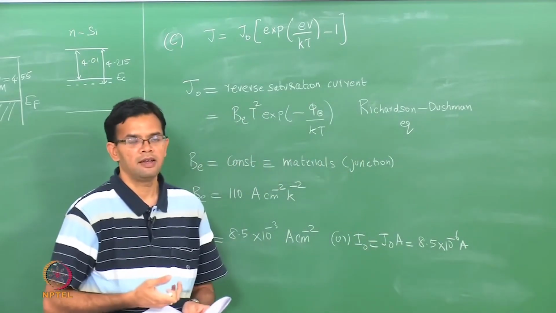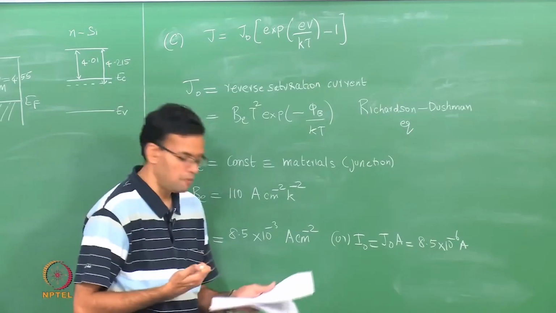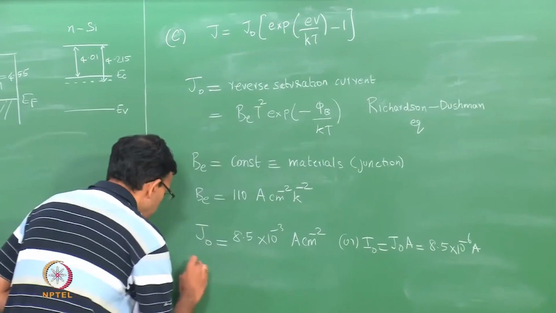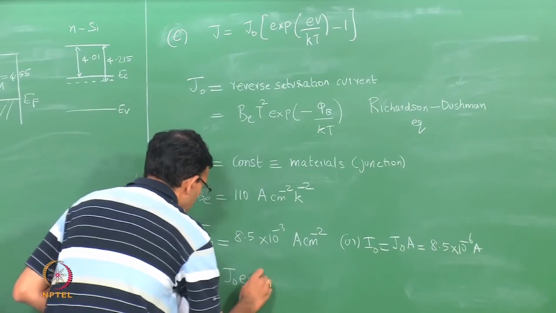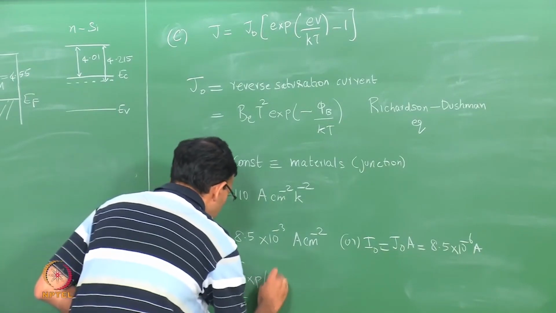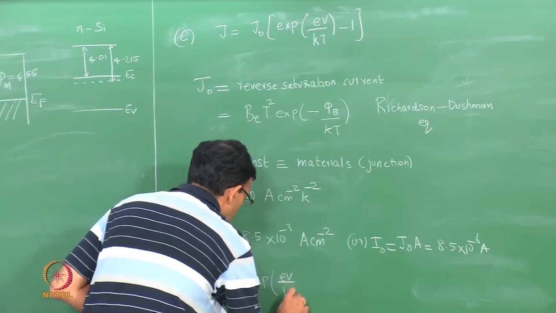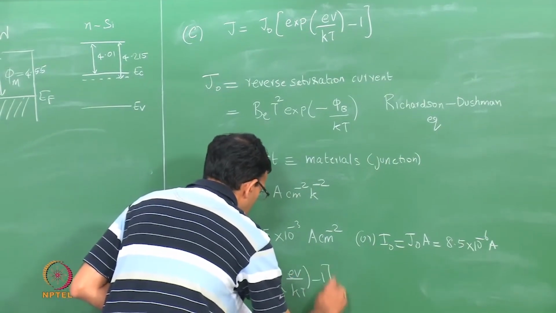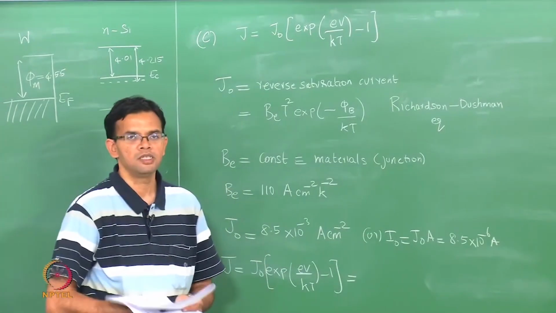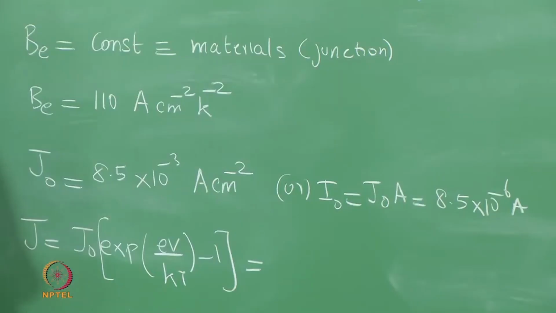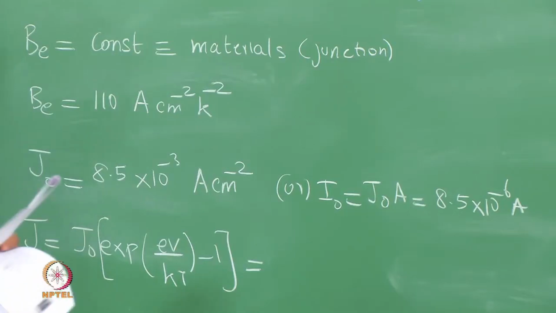We can now calculate the current during the forward bias. So, J is J naught exponential eV over kT minus 1. So, usually the exponential term dominates. The external voltage is given to be 0.2 volts.